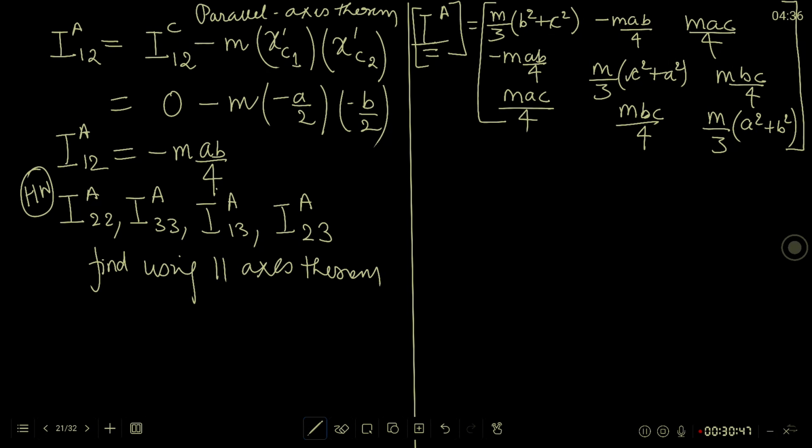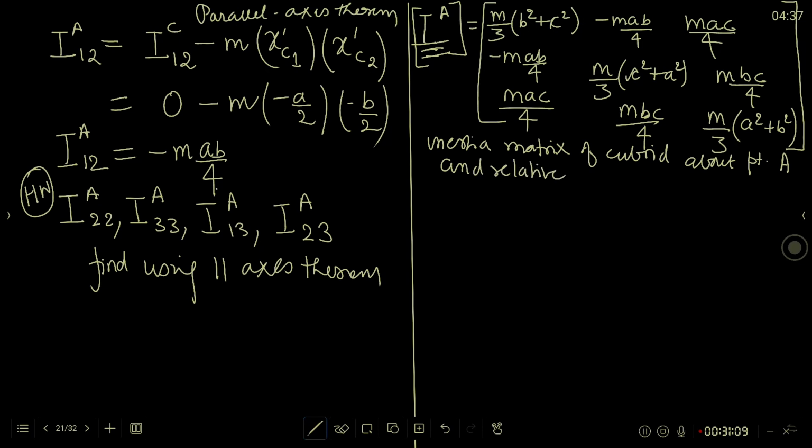Okay. So this is the IA matrix, the inertia matrix of the same cuboid but about point A and relative to the coordinate system that I marked earlier as the yellow coordinate system.